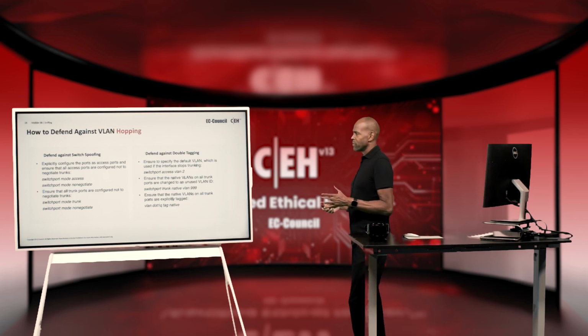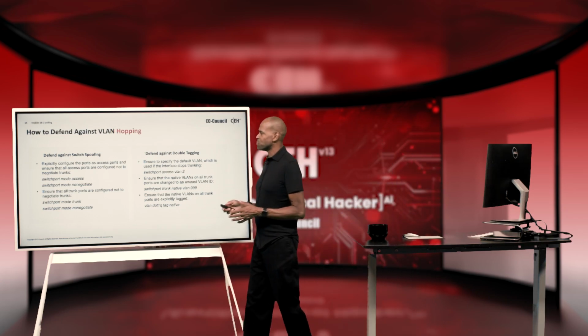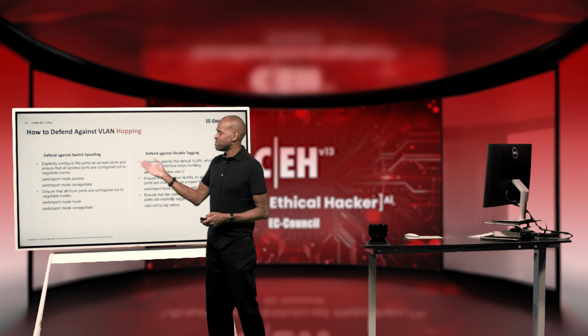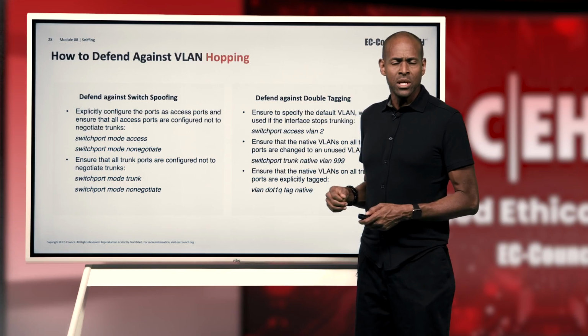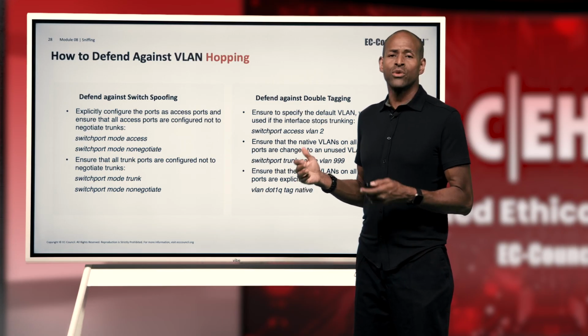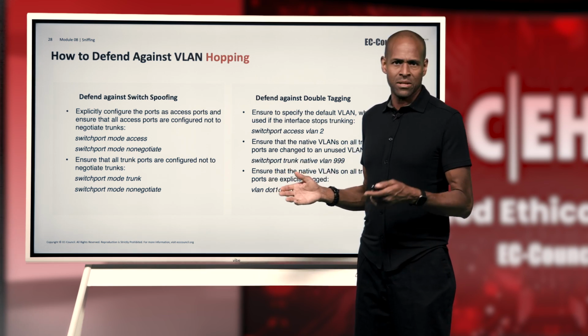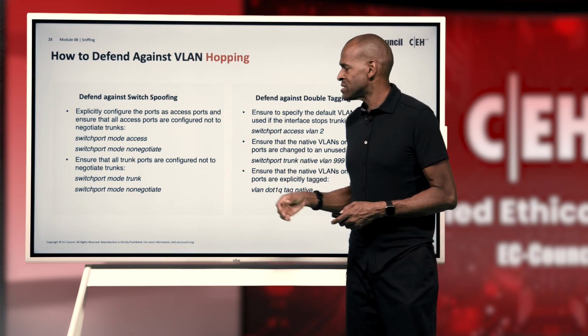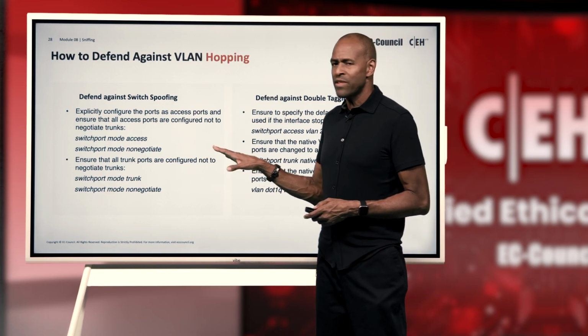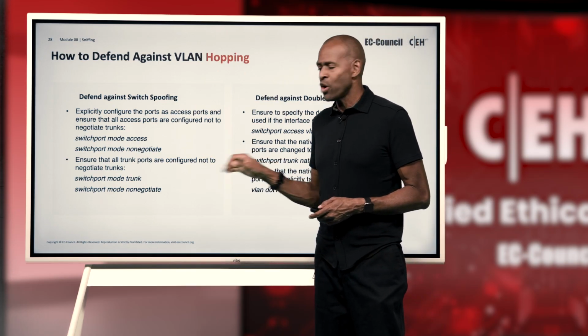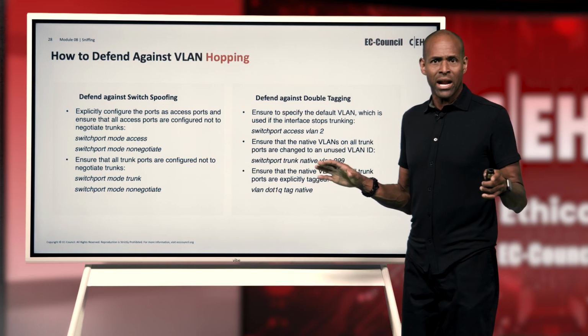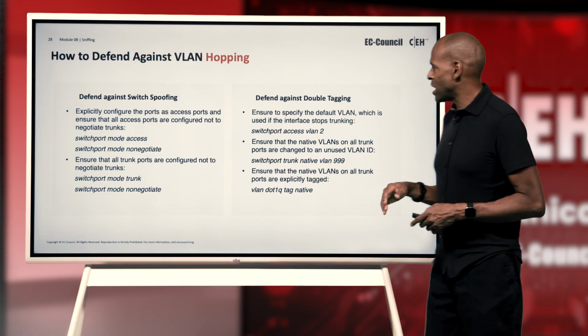But for defending against switch spoofing, we need to explicitly configure our ports. So for trunk, you do switchport mode trunk. For switch ports that connect to PCs and printers, switchport mode access. You want to make sure that you do that, and you make sure that you don't have negotiate. So you don't want it negotiating with another switch and then becoming a trunk.